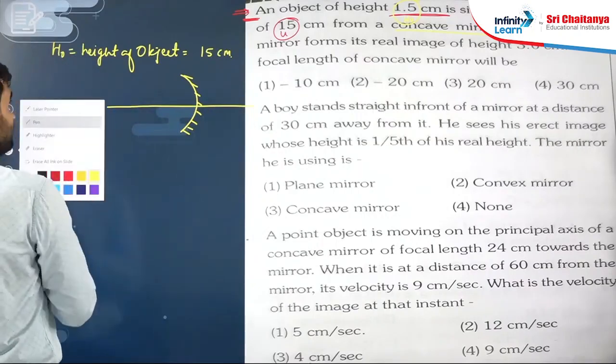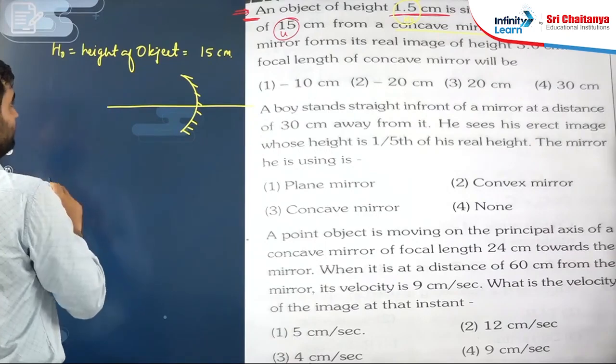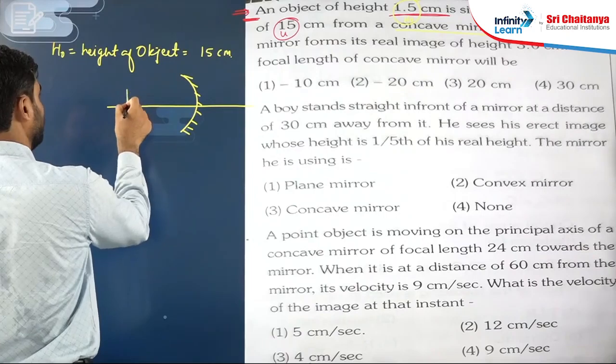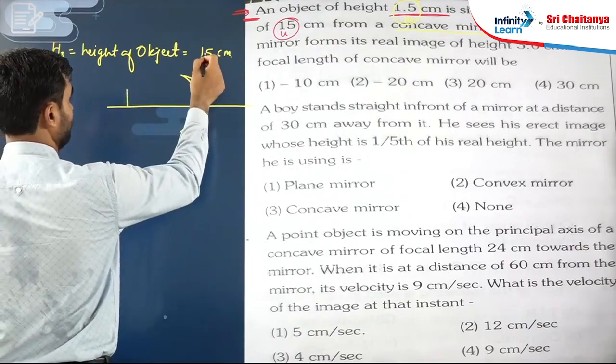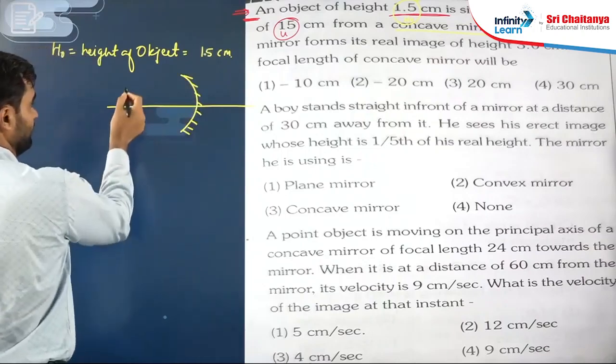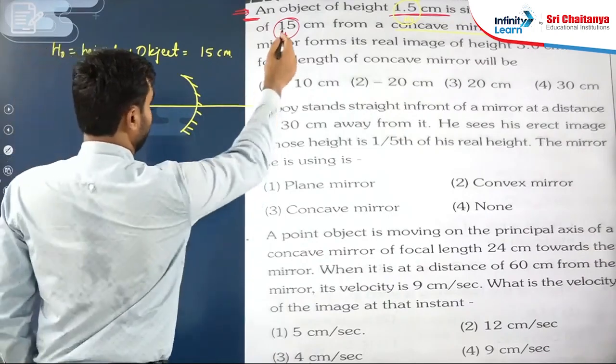Suppose here is the object, placed like this. Height of object is 1.5 centimeter, this is HO, and distance of object is 15 centimeter.